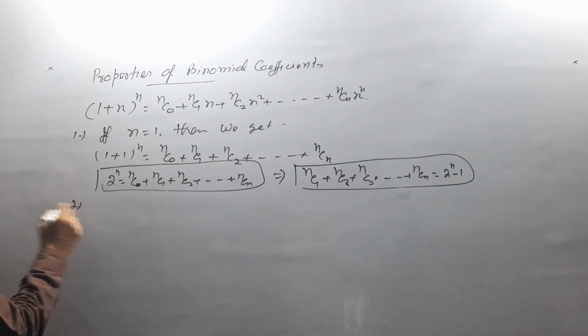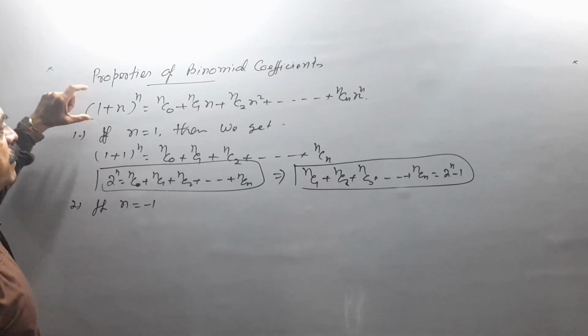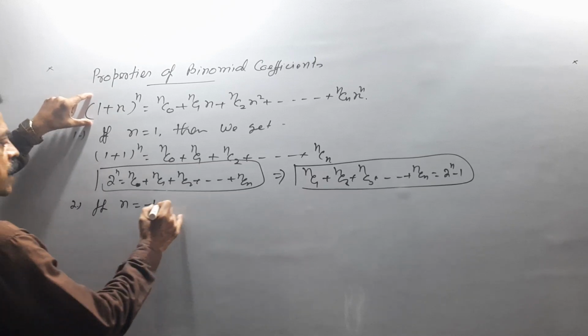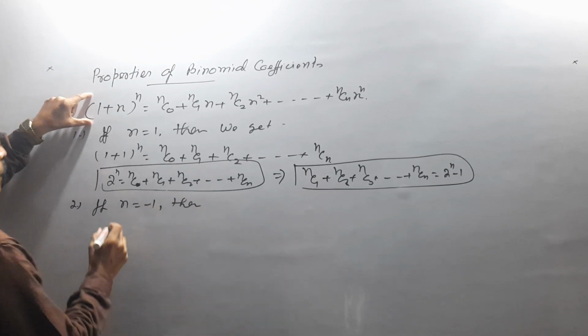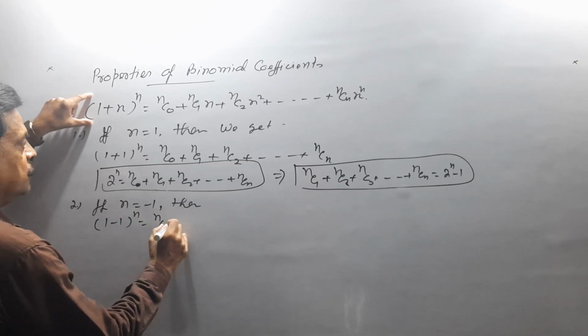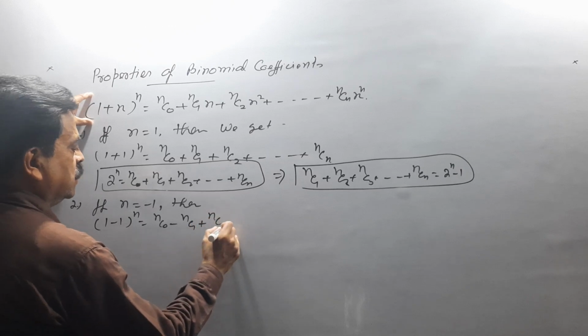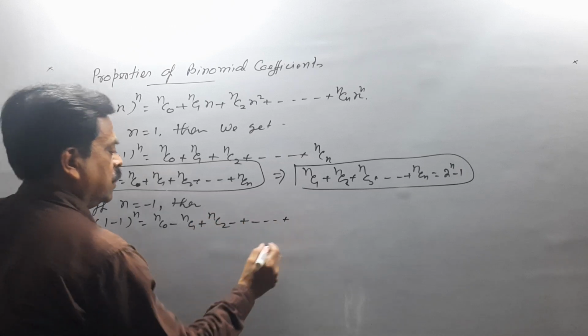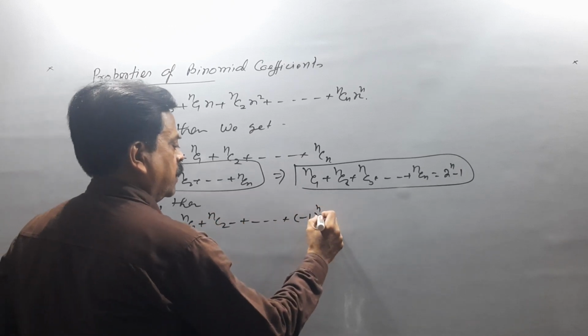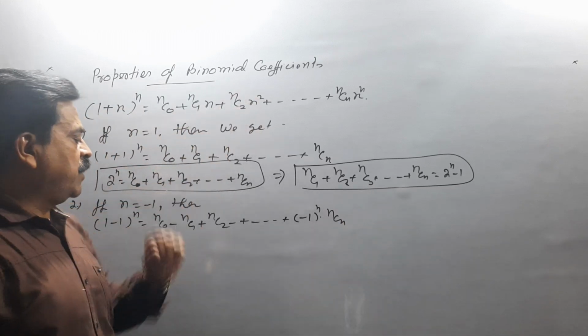Second property: if we put x equals minus 1 in the same expansion, then we get (1 - 1)^n, nC0 minus nC1 plus nC2 minus plus and so on, (-1)^n nCn, replacing x by minus 1.